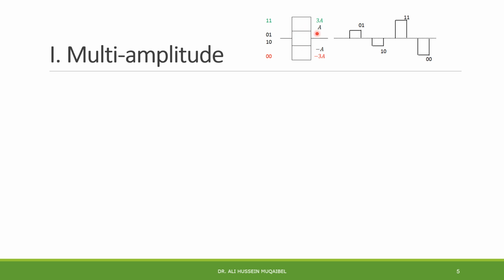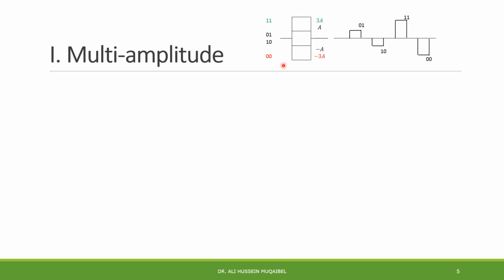To keep the same spacing and the same probability of error, the next levels will be 3A and minus 3A, not minus 2A, because if it was minus 2A, the spacing here would be just A. Then we would have an unfair distribution, and if you are sending this level, it will have more probability of making a mistake, since it will be closer to the lower level. This is why we have A, 3A, minus A, and minus 3A.